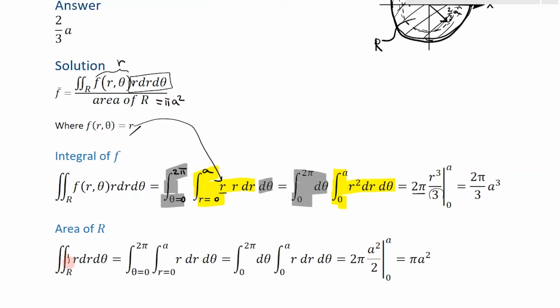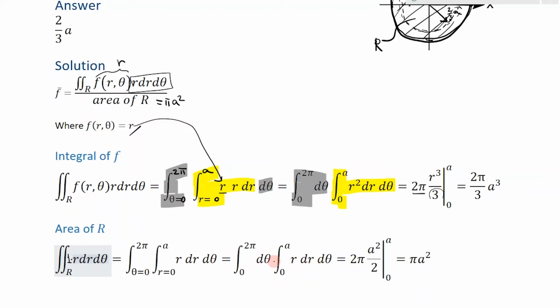We are just integrating once since we're just finding the area, and this is the differential area. I don't remember what notation the lecture uses, so let's just remember this is differential area. So then bounds are the same as before, 0 to 2 pi, 0 to a.